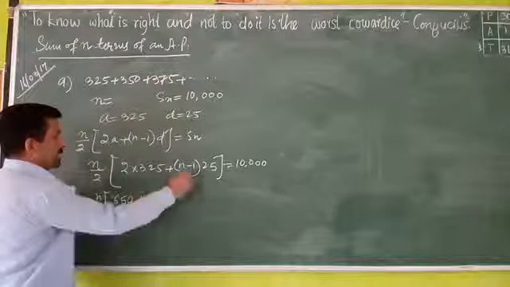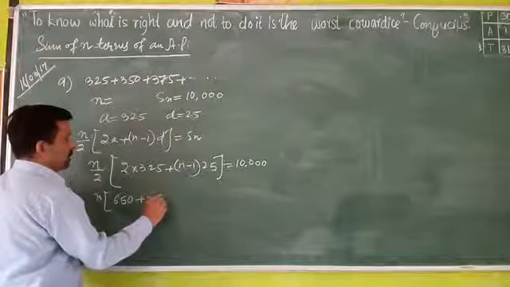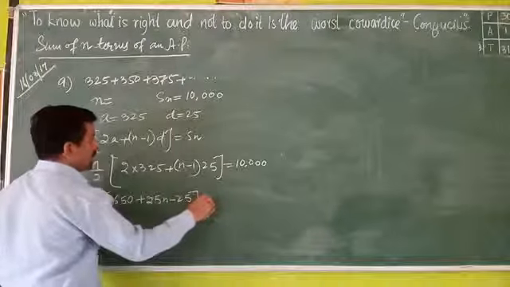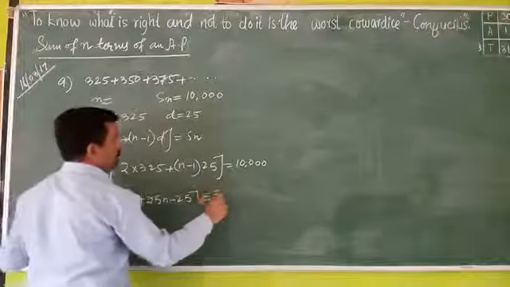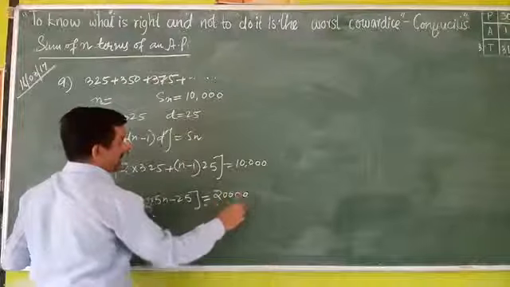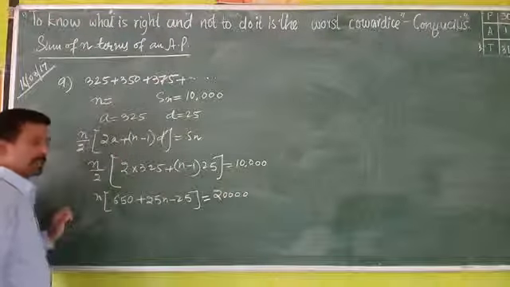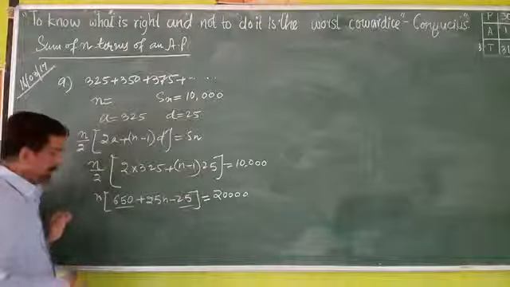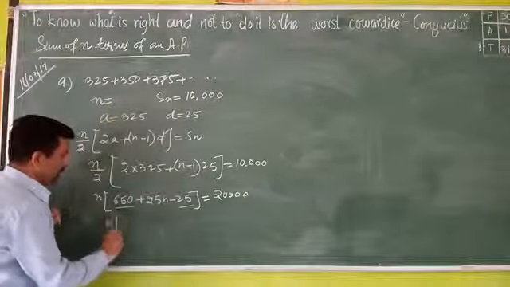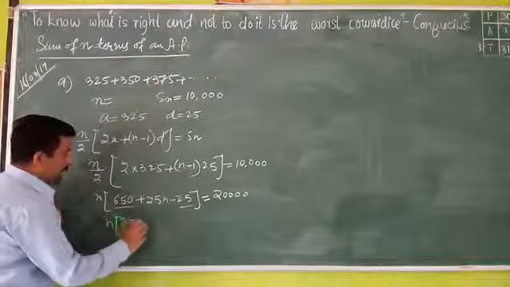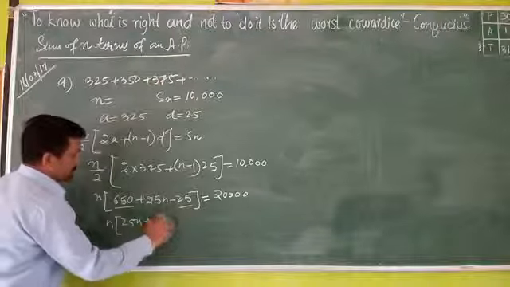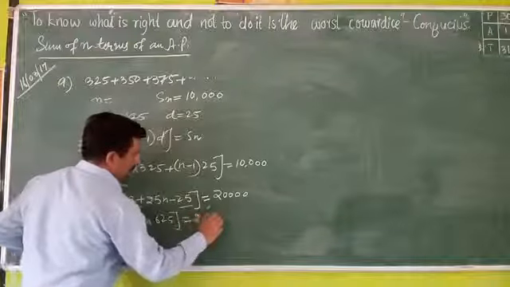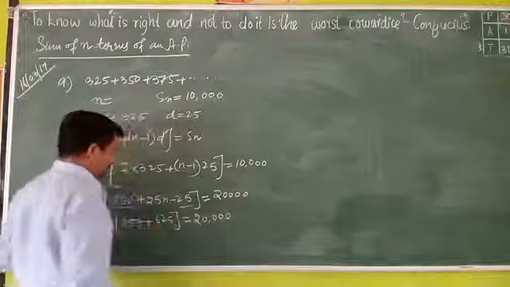Then this is 25n minus 25 is equal to, this into that will become 20,000. Is it okay now? Yes, sir. Now inside the bracket, this and this are like terms, they can be simplified. So n into 25n plus 625 is equal to 20,000.